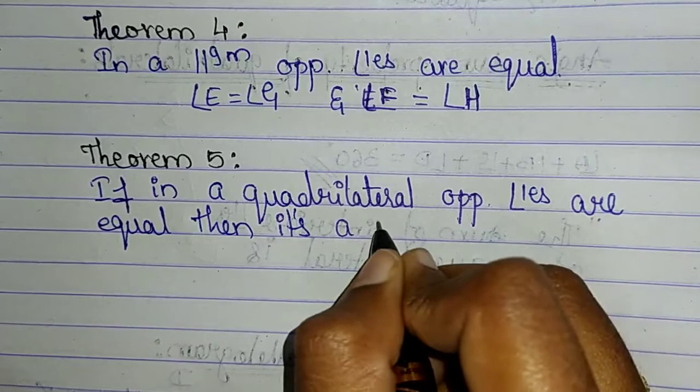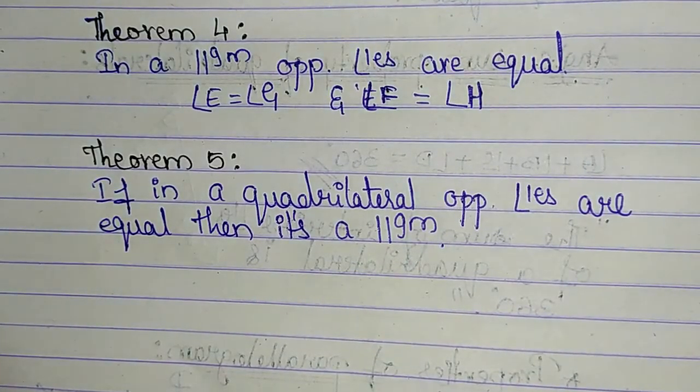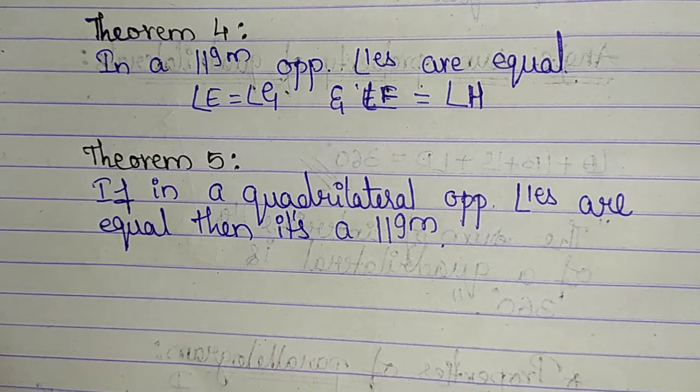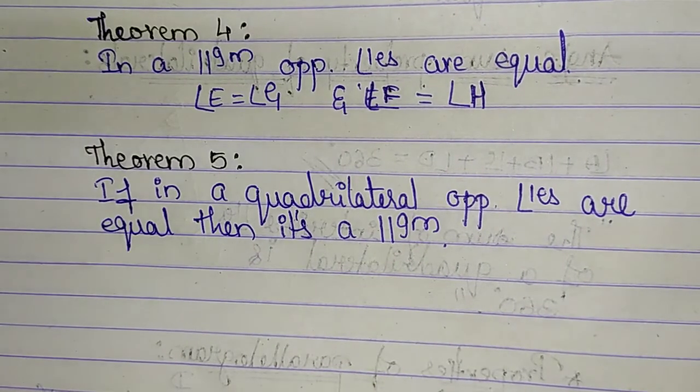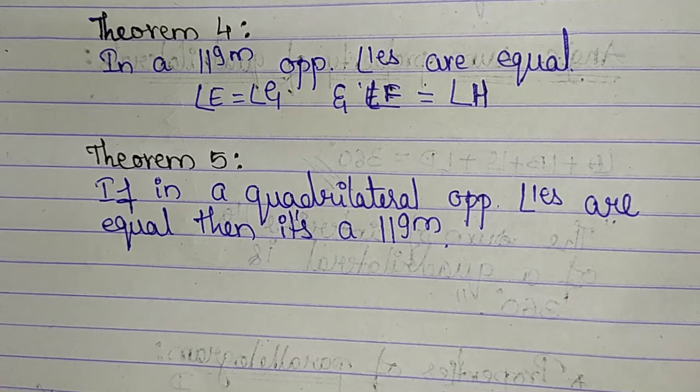That is the statement of the fifth theorem. So if any quadrilateral wants to be a parallelogram, then its opposite sides must be equal to one another, and also the opposite angles must be equal to one another. Then only it can become a parallelogram.